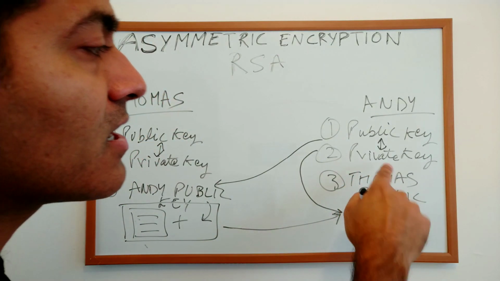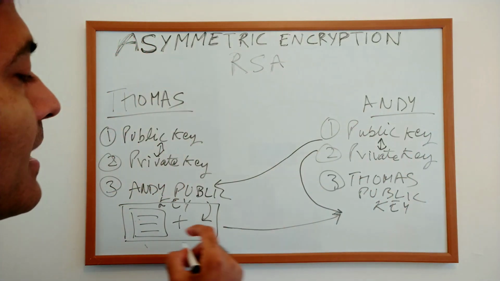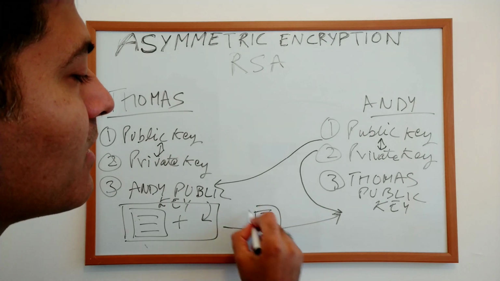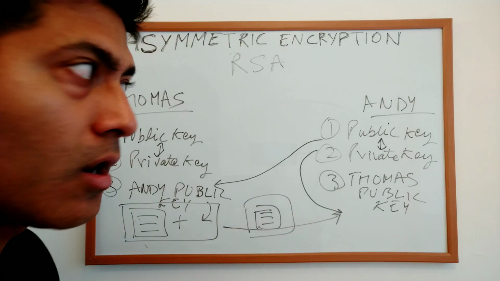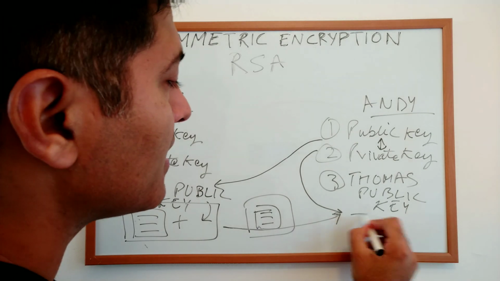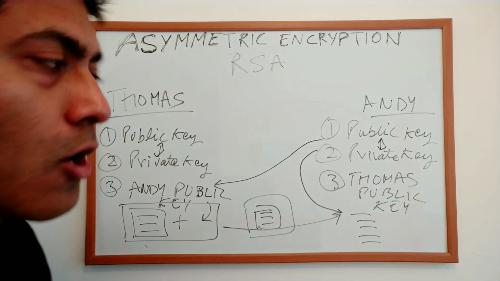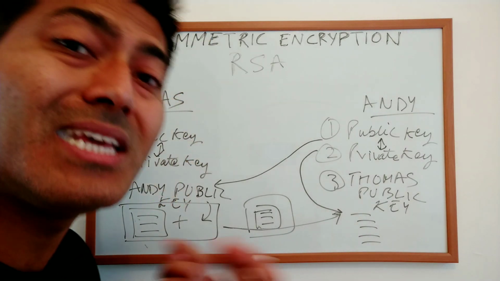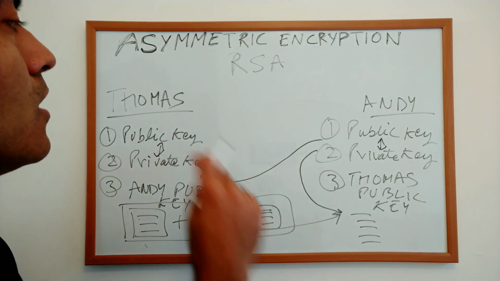So using his own private key, Andy will decrypt this particular message that actually contains the information, and he will be able to decrypt the message that Thomas wants to send to Andy.